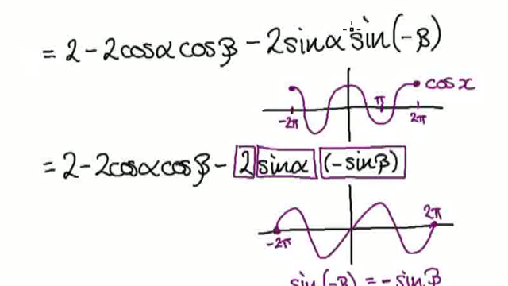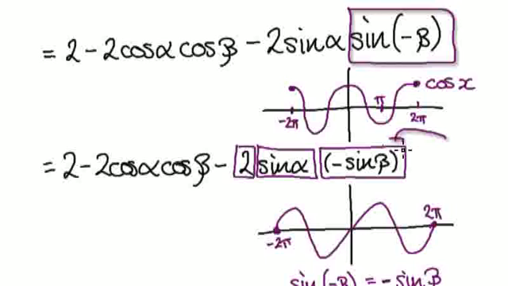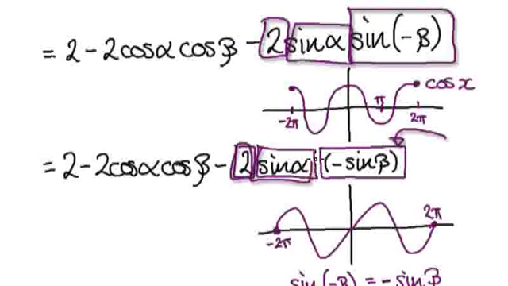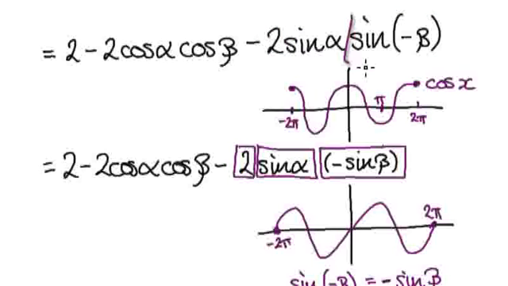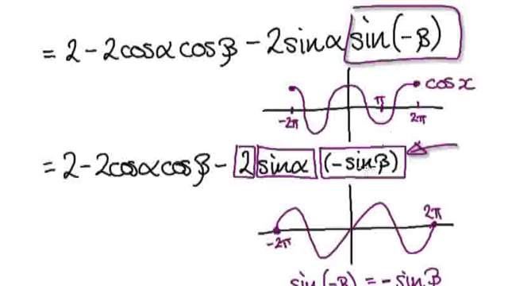This bit here, because it's an odd function, you can imagine as this box. This 2 here is this, sine alpha here is given by this, and this block here is this block, because you just work out sine of beta as normal and then stick a minus in front of it.